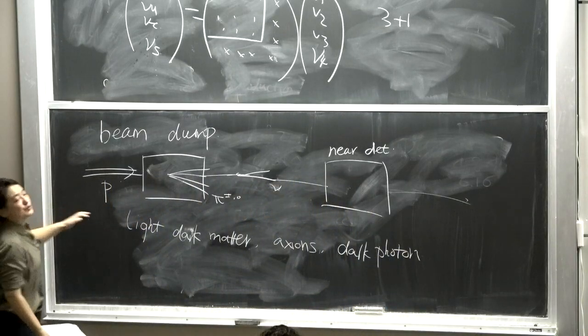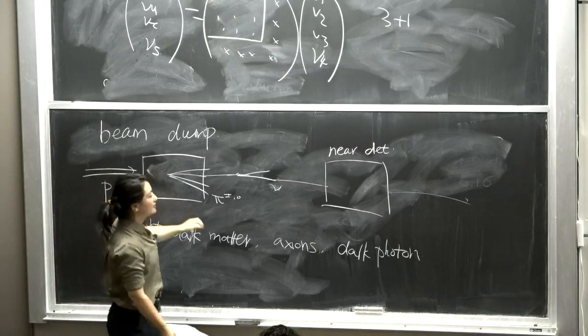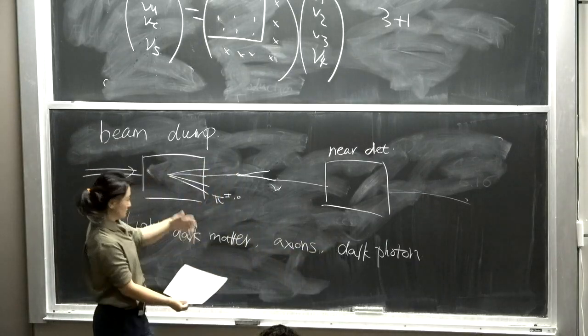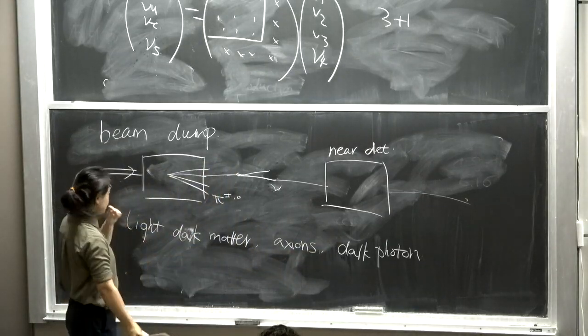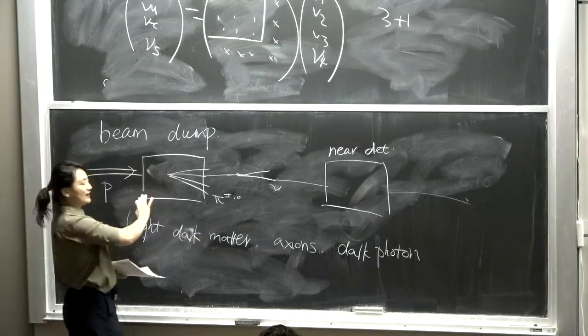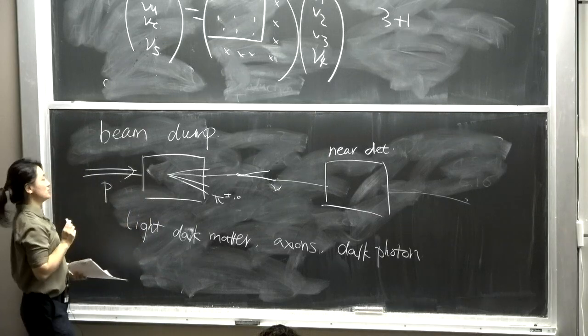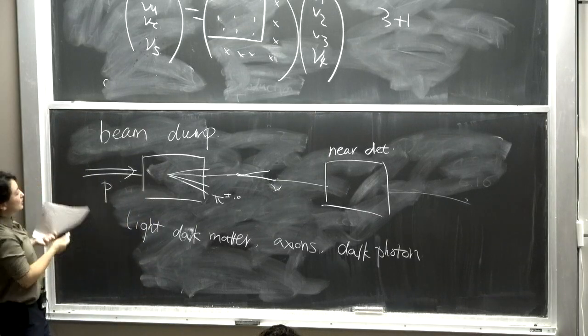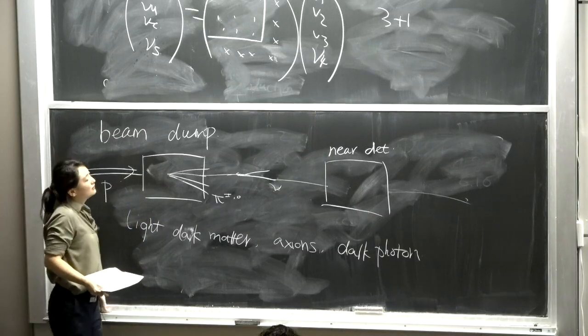So, things that couple to the standard model with some portal. And when I say light, I'm talking about less than 1 GeV. If any of these exist in this light mass range, they'll be produced abundantly.